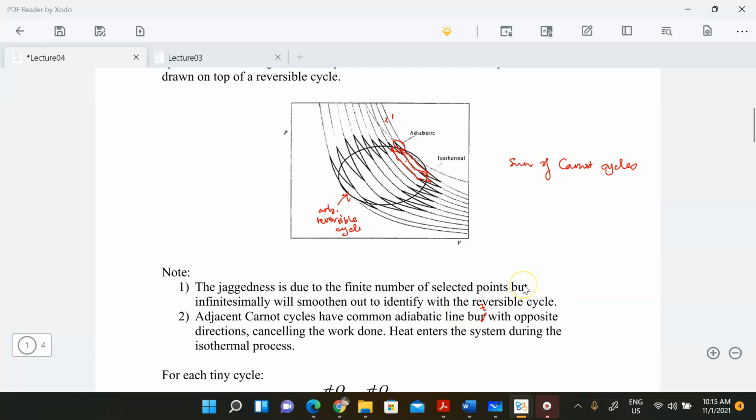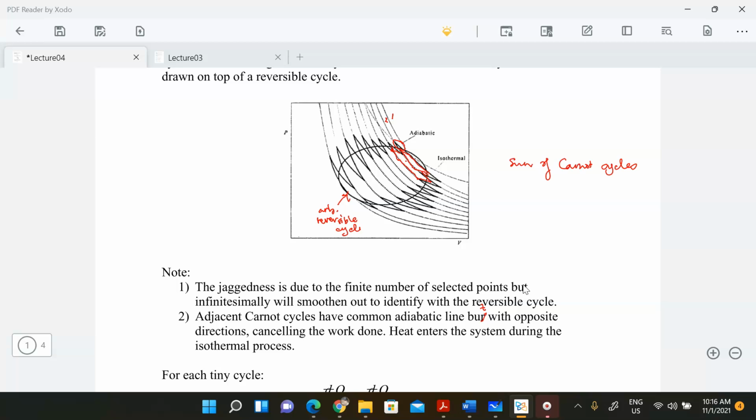Remember that the adiabatic processes don't take up heat, so the heat is taken up during the isothermal process, during this connection here. In those tiny cycles, heat is taken in infinitesimal, rather small amounts.